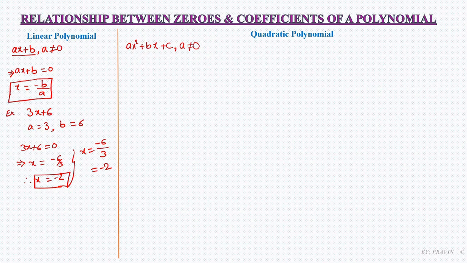And you know this a is the coefficient of x square, b is the coefficient of x, and c is a constant term.